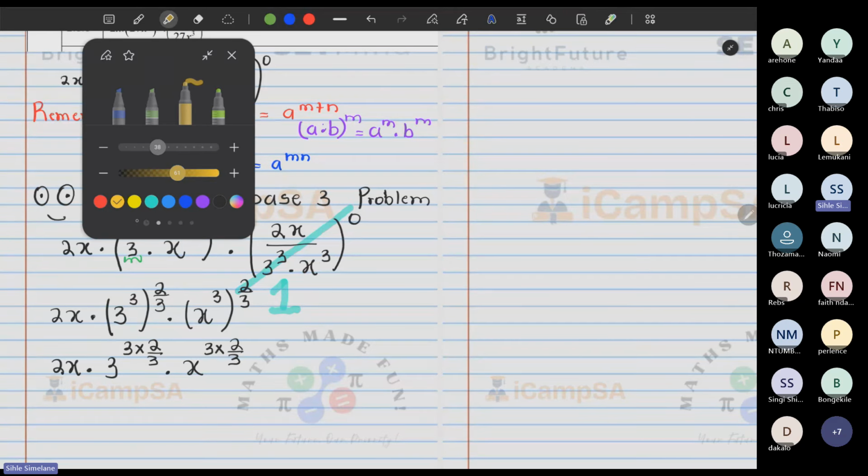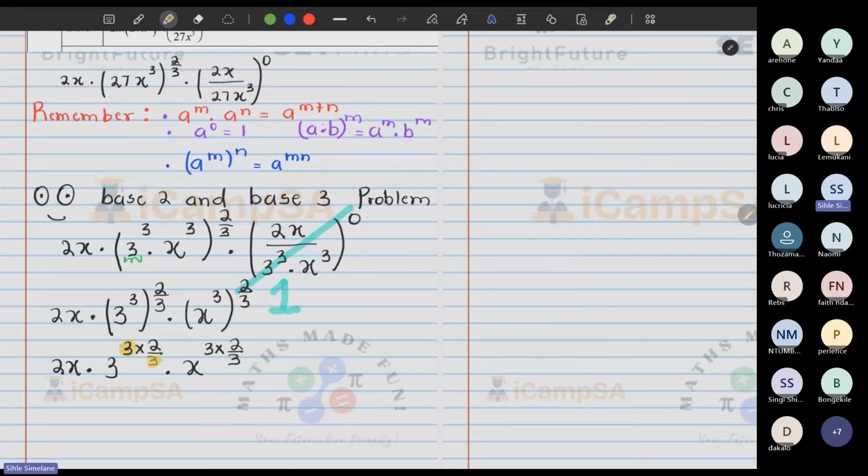So when these multiply, you can clearly see that this and this will cancel. This and this will cancel. So meaning our answer will become 2x times. You'll be left with what, guys? What is 2x multiplying now? That is not true, 3 squared.